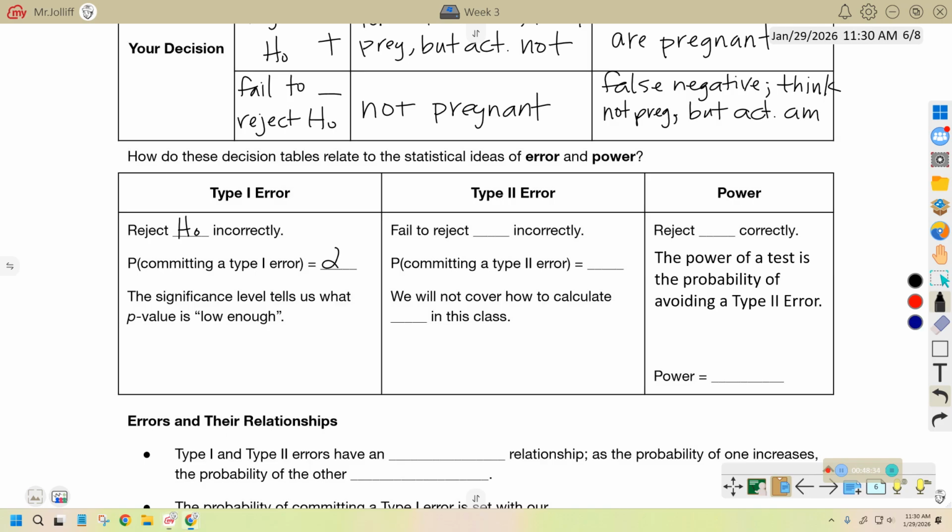That's supposed to be an alpha. It's not a very pretty alpha. I'm sorry. It's supposed to look like a Jesus fish. It's hard to write on a TV and talk at the same time. Give me a break. Does that meet with your approval, Your Highness? Type 2 error. I fail to reject the null incorrectly.